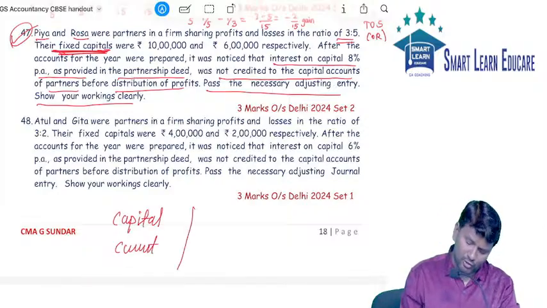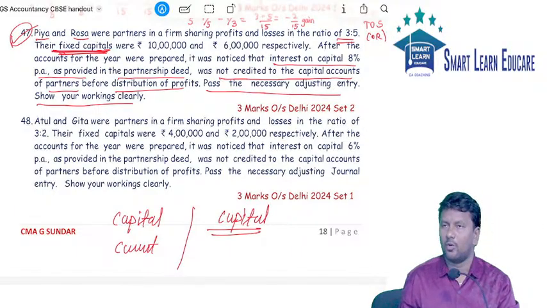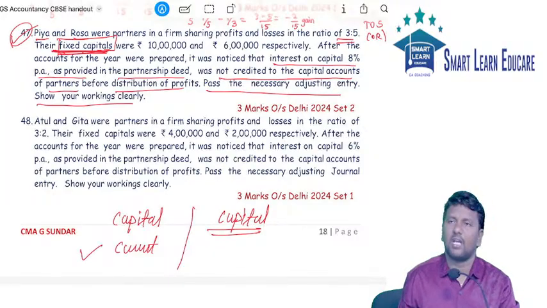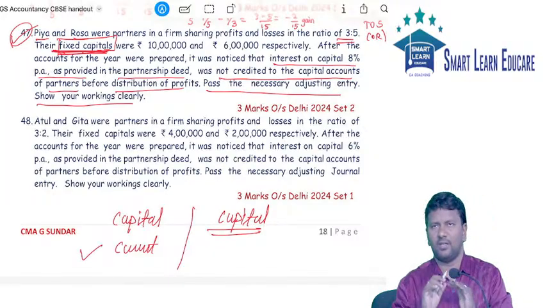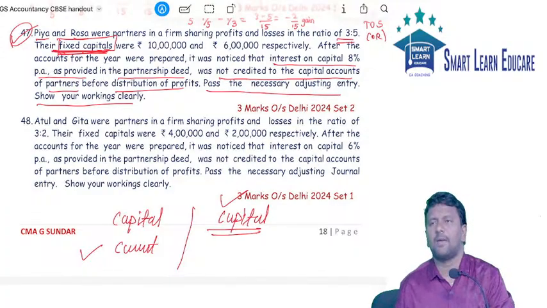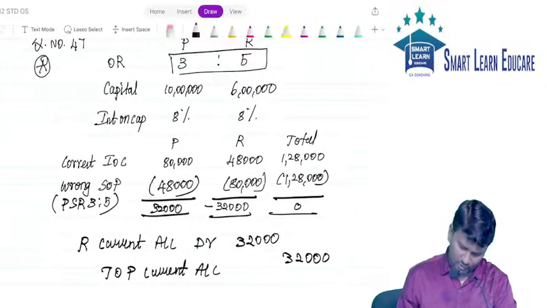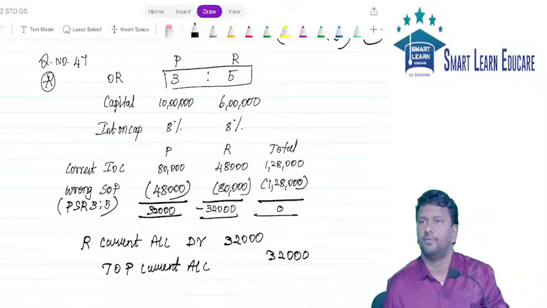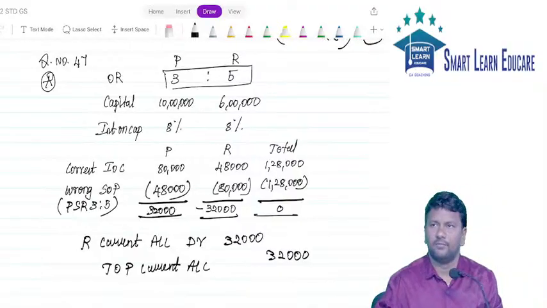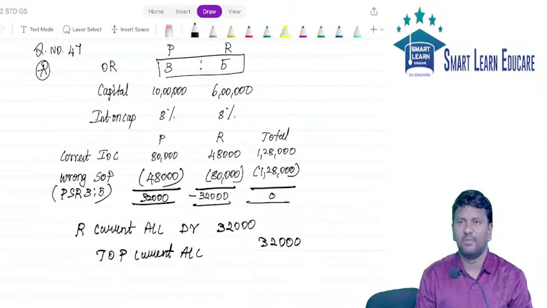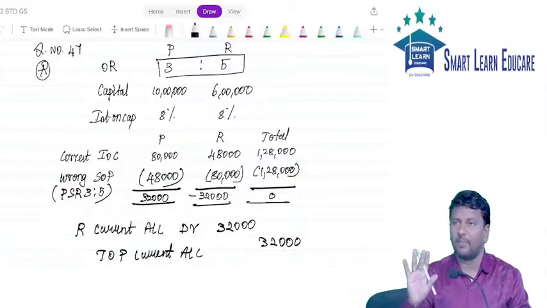In the case of fluctuating capital system, we have only one account, the capital account. So whenever they say specifically fixed capital, you should use current account. If they are simply giving the information, then you can use capital account. Okay? Fine. So is this understood? That's it. Copy this down. Important concept, many times repeated, they will definitely ask in the exam.